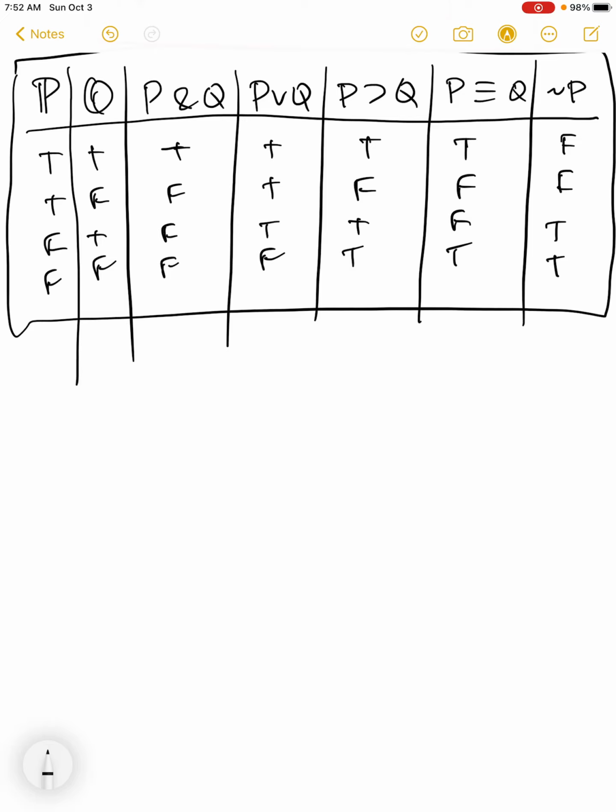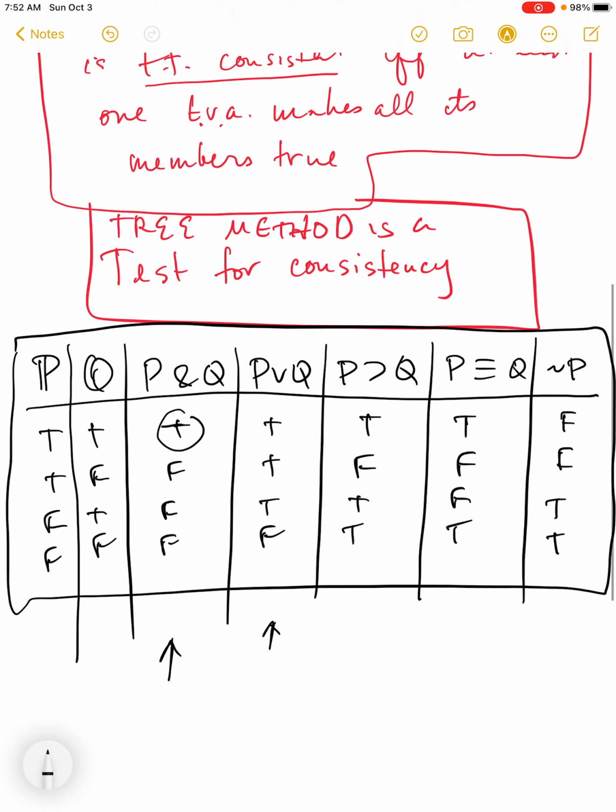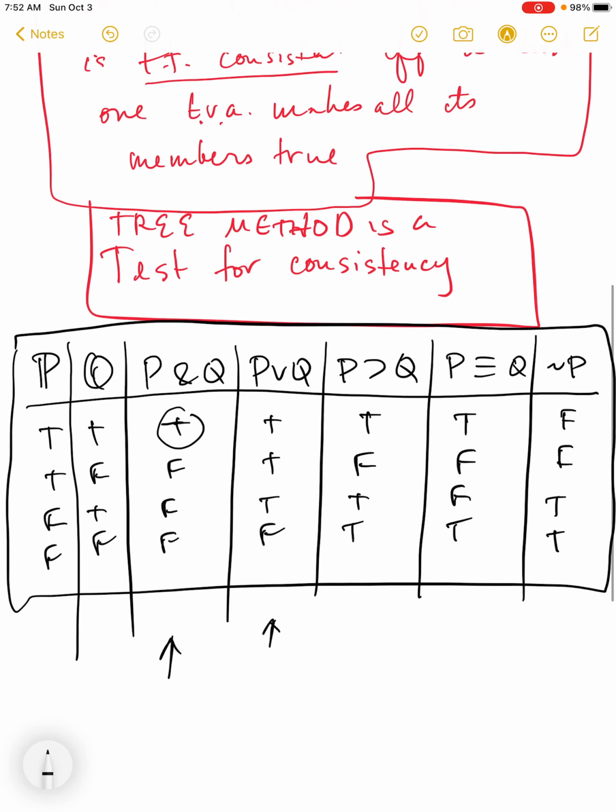We see, for instance, in the case of the conjunction, there's just one way, so to speak, for a conjunction to be true, namely when both conjuncts are true. If we take a look at disjunction, and remember, the reason that I'm looking at the characteristic truth tables again is with an eye toward thinking about the truth conditions for sentences.